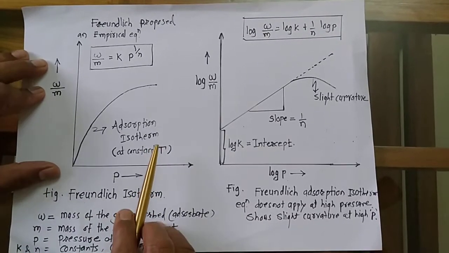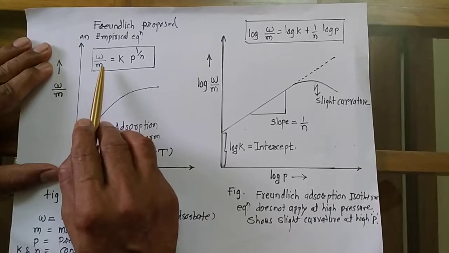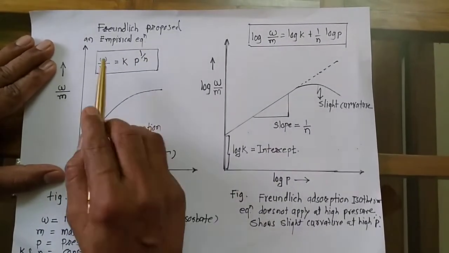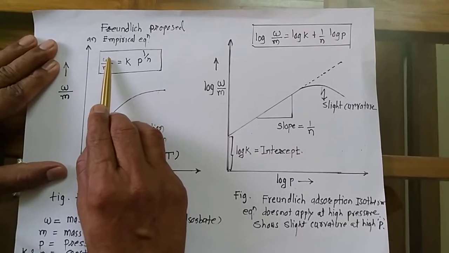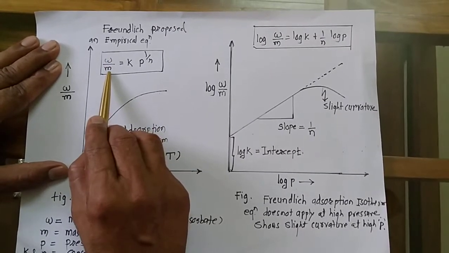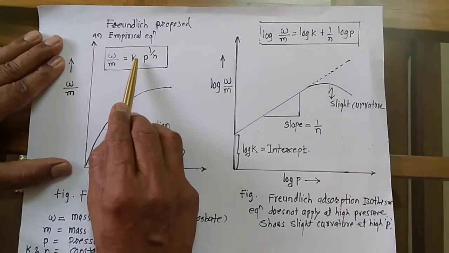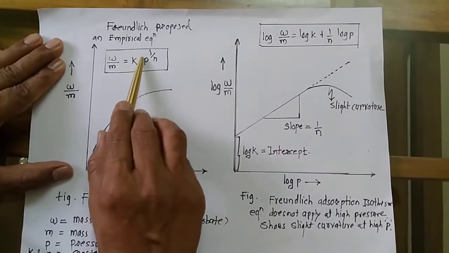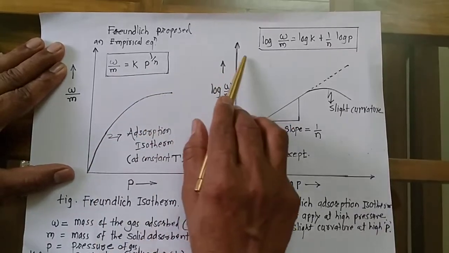Now, by taking the log on both sides, log of W upon m is equal to log of k plus 1 upon n log of p. This gives a straight line equation.